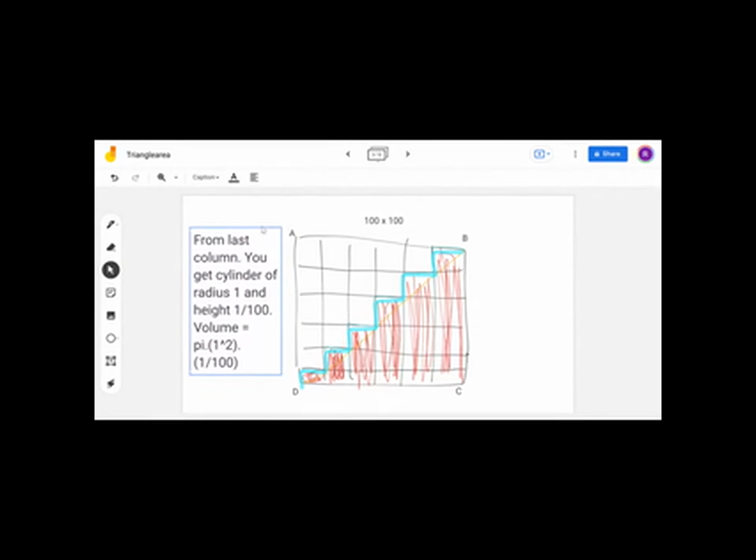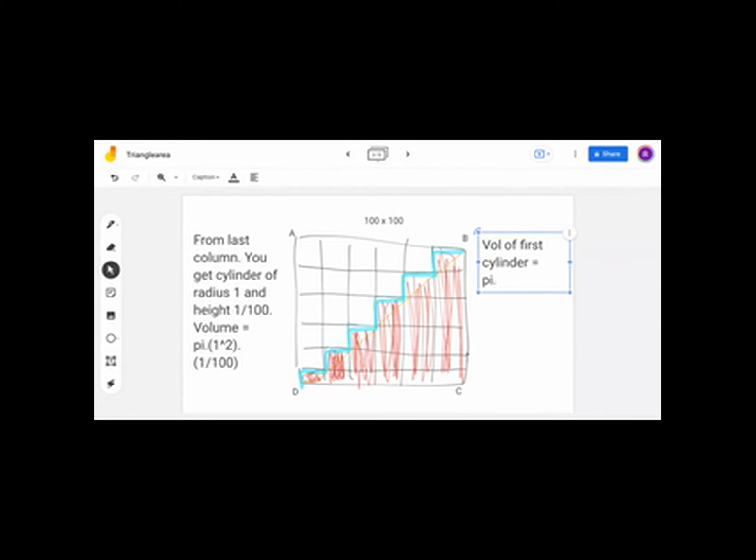So what will you have to do? Tell me the volume of the first cylinder. How much is the radius of the first cylinder? 1 by 100. So what will it be?